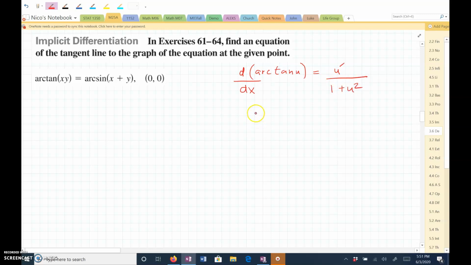We're also going to take the derivative of arcsine of u with respect to x, which is u prime all over the square root of 1 minus u squared. So let's do that.